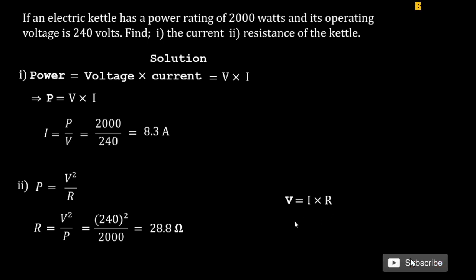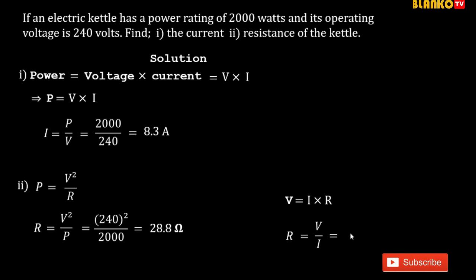So by change of subject, R, the resistance, is equal to V over I. V is the operating voltage and I is the current that we just calculated, 8.3 amps.